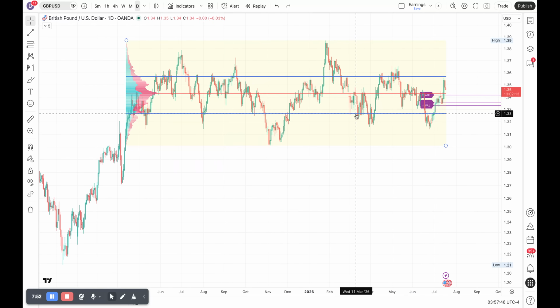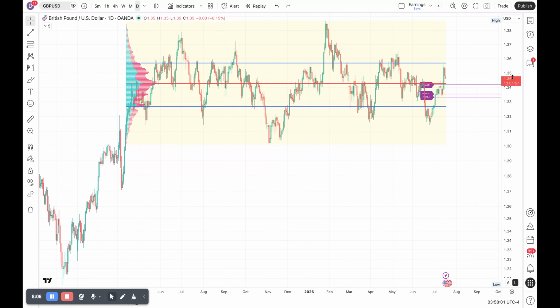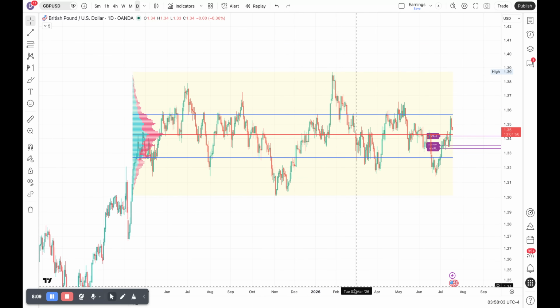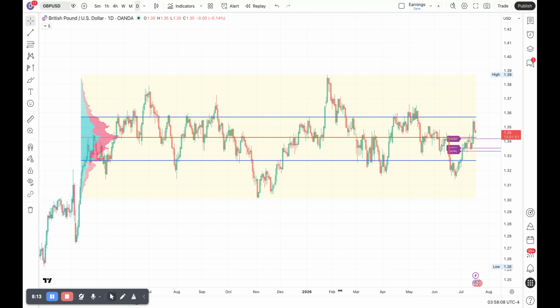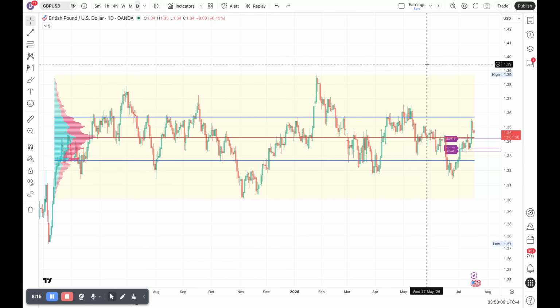And last but not least, that I didn't mention, the value area is where 68 to 70% of the volume transacted during these prices. Some have it configured on 68, which is also 1 standard deviation, and some have it on 70%. It's more or less the same.